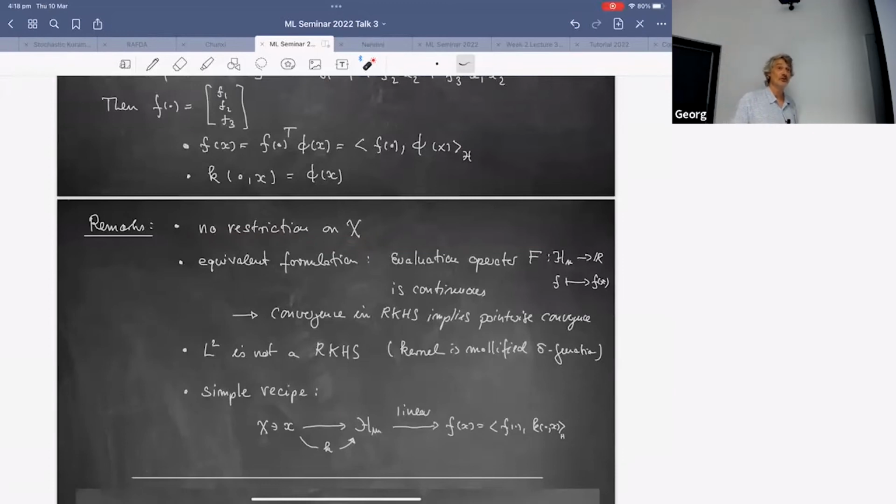So this could be graphs, this could be images, and you're just given some features, some functions of the data that you can produce. At the moment, in kernel methods, we just assume that they're given.